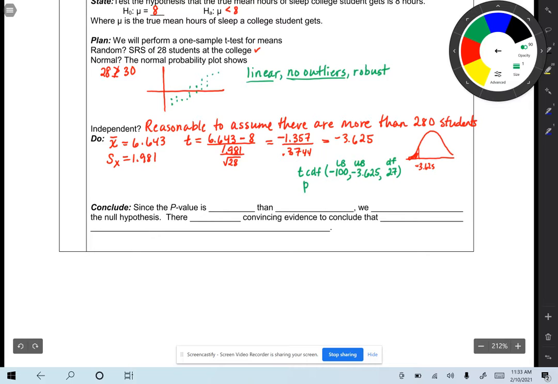That gives us a p-value. This is what you'll see on your calculator, 5.9139 E to the negative fourth. So remember, that is just the same thing as moving the decimal point over 4 places to the left. So 1, 3 zeros, and then the 59139. That is definitely smaller than alpha.